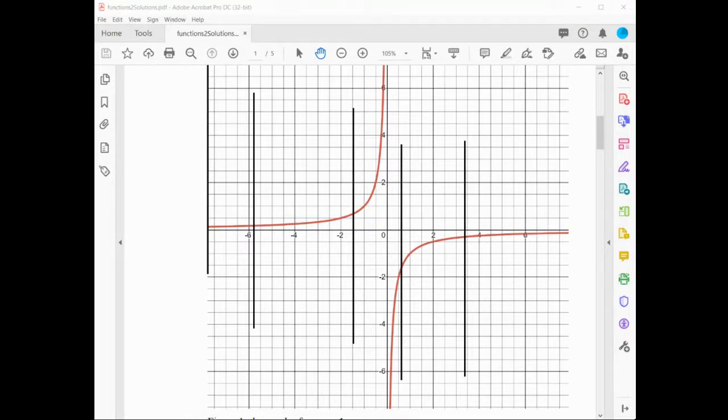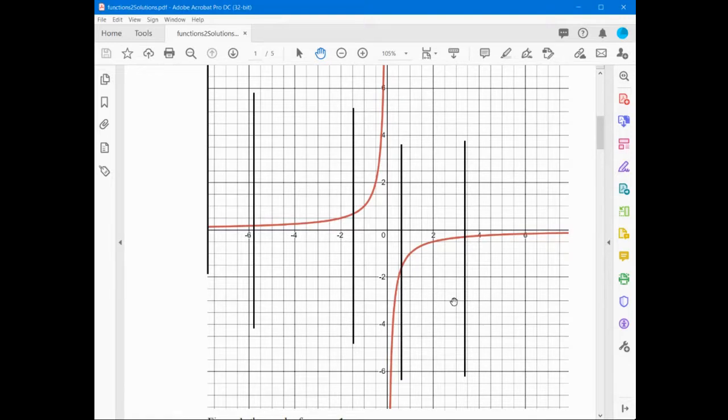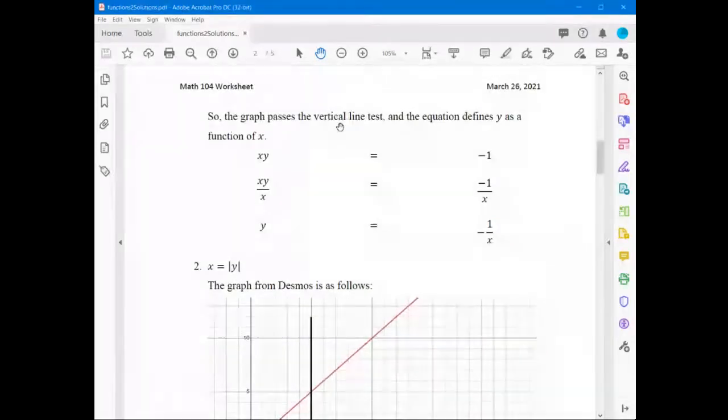Now let's get y in terms of x. That's not so bad, actually. It's just basic algebra. We have x times y is -1. We want to get y all alone, so we divide both sides by x, and we get y equals -1 over x.